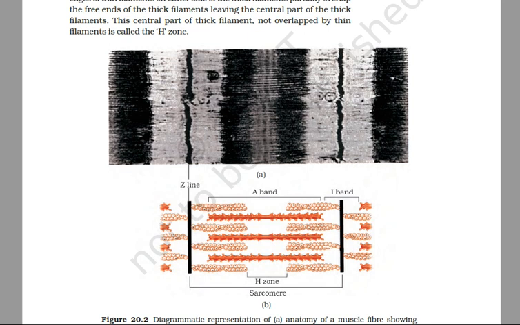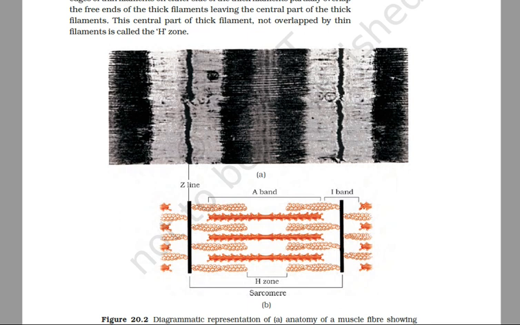Now we move on to the muscle chemistry, or you can say the actin and the myosin. The actin and myosin are the contractile proteins, and they are very important because they are required for the process of contraction.